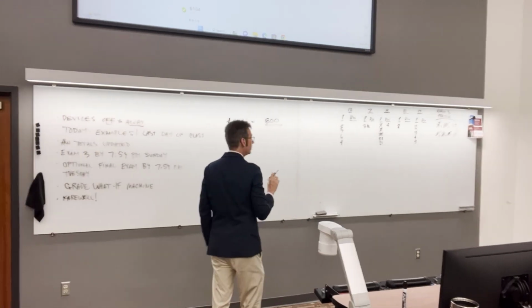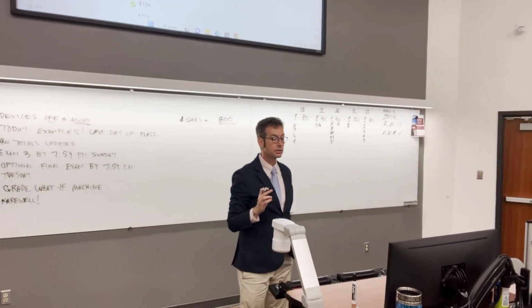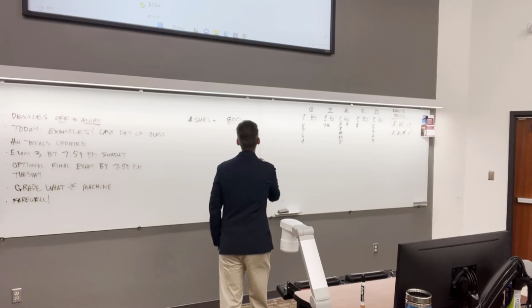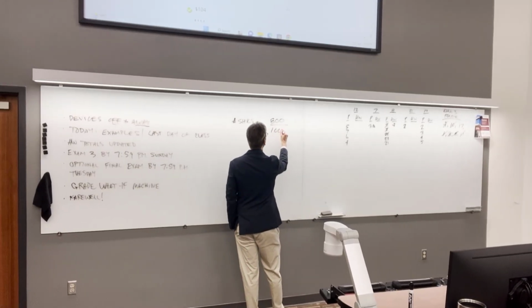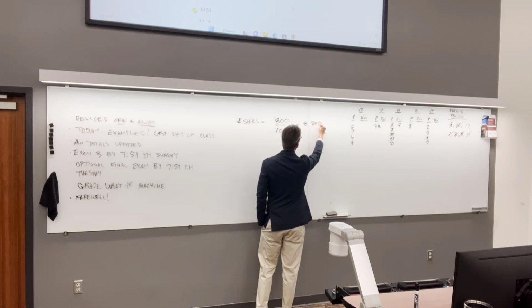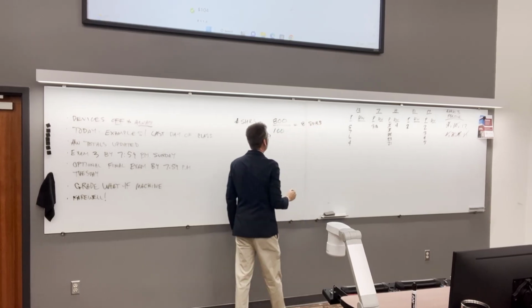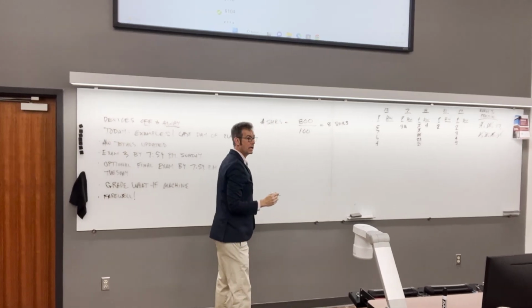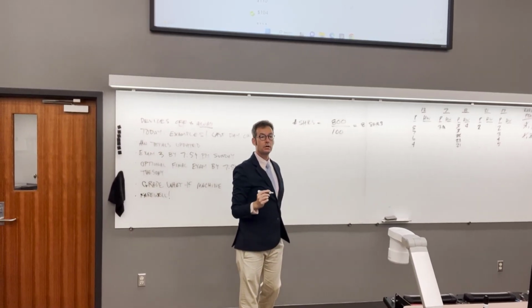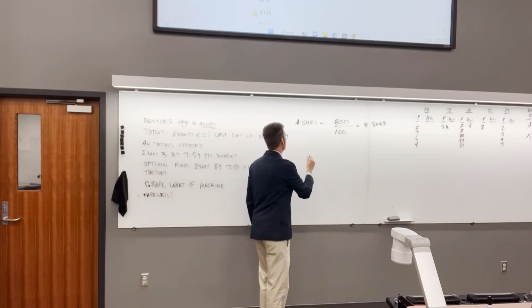Now, 800 divided by how much did each one of those shares cost? Yeah, 100. And so they have to issue 8 shares. Now, how many shares are now inside the firm? Yeah, so we've got 108 shares total.